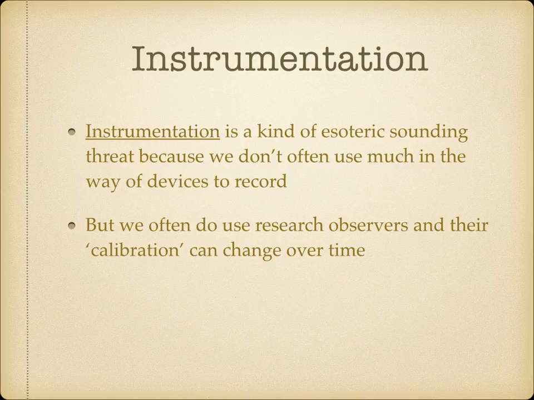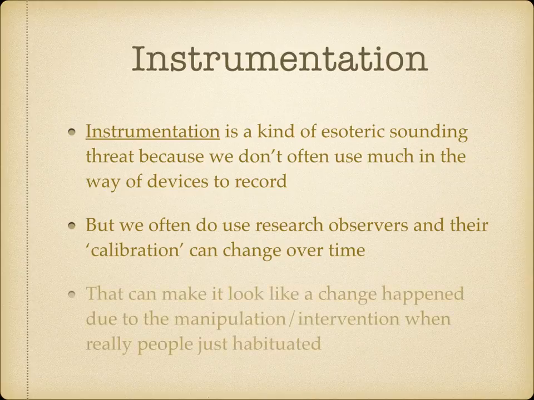If you have a scale at home that you stand on every morning, you may be appearing to be gaining weight. Or it could be that the scale's calibration is slowly drifting off. You might want to check it and make sure that it really is accurately measuring. Now, it can look like change happened because of the research observers changing their calibration, changing how they're observing things. But really, it's your observers becoming habituated to what they're seeing.